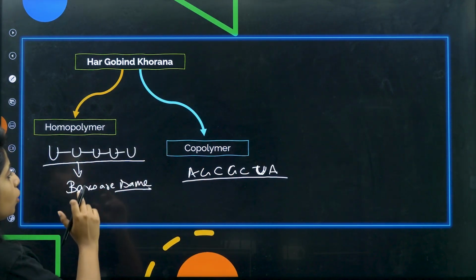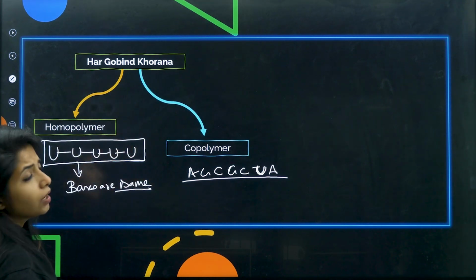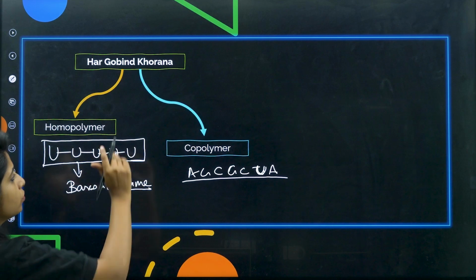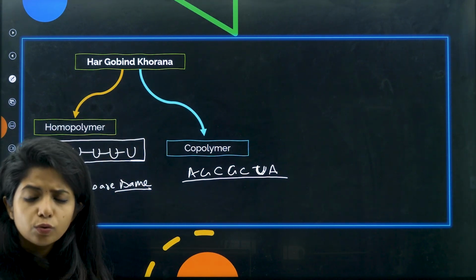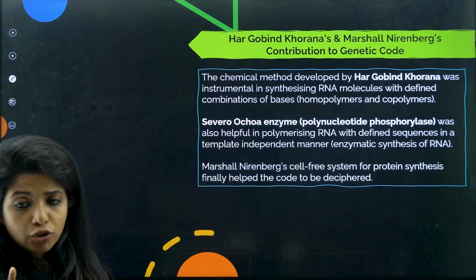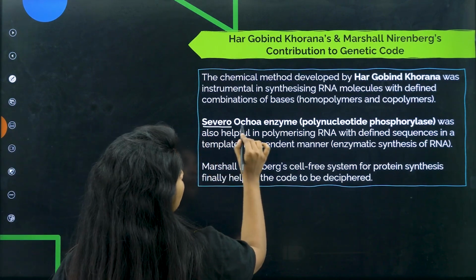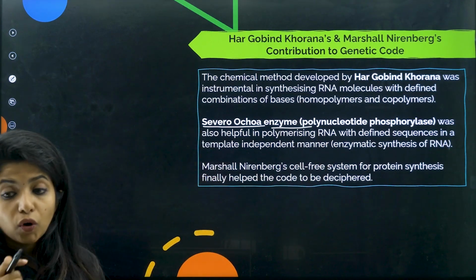So over here, a homopolymer was made with the help of Gobind Khorana. He was the one who thought that we can make this homopolymer and copolymer as well. But what is the use of doing this? That is the next question. So after that, one more piece of information is given over here, that is the Severo Ochoa enzyme, polynucleotide phosphorylase.